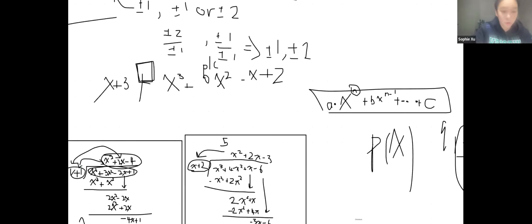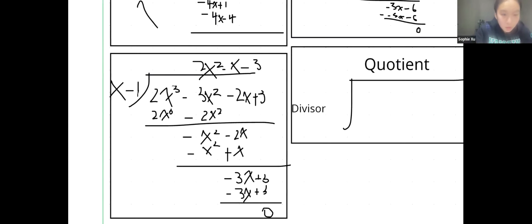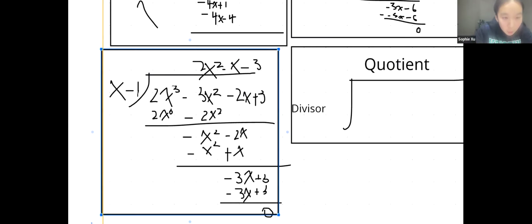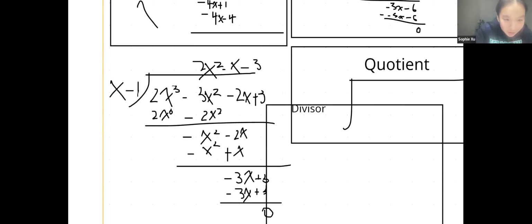So let's just use the polynomial from page 1, question 2. I'm just going to copy and paste this. Thanks to whoever did this brackets thing, by the way, very helpful. But I kind of don't want it right now.